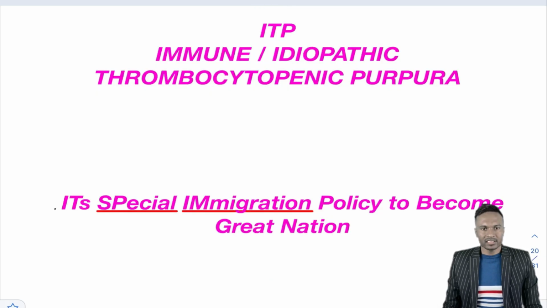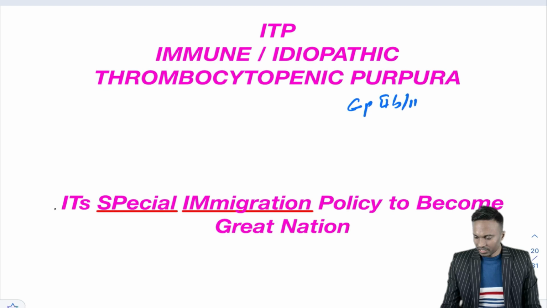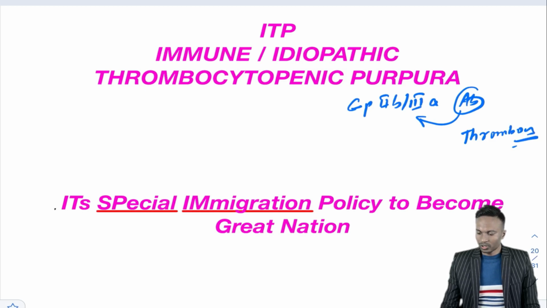Again, the next disease, ITP. What is ITP? We have already discussed. There is glycoprotein 2B3A. Sometimes antibodies are formed against this glycoprotein and it will lead to platelet destruction and ultimately thrombocytopenia. Right, that is platelet count will decrease and it can result into bleeding manifestation.